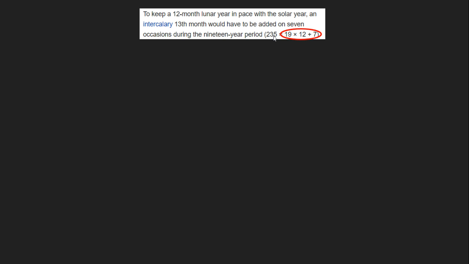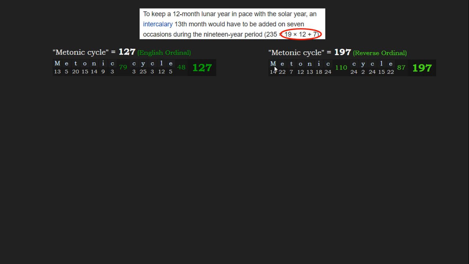So the formula to achieve 235 is 19 times 12 plus 7. Using the alphabetic order, the phrase Metonic cycle equals 127. Using the reverse alphabetic order, Metonic cycle equals 197. And isn't it interesting how this formula here, 19 times 12 plus 7, appears in both of these numbers in one way or another?